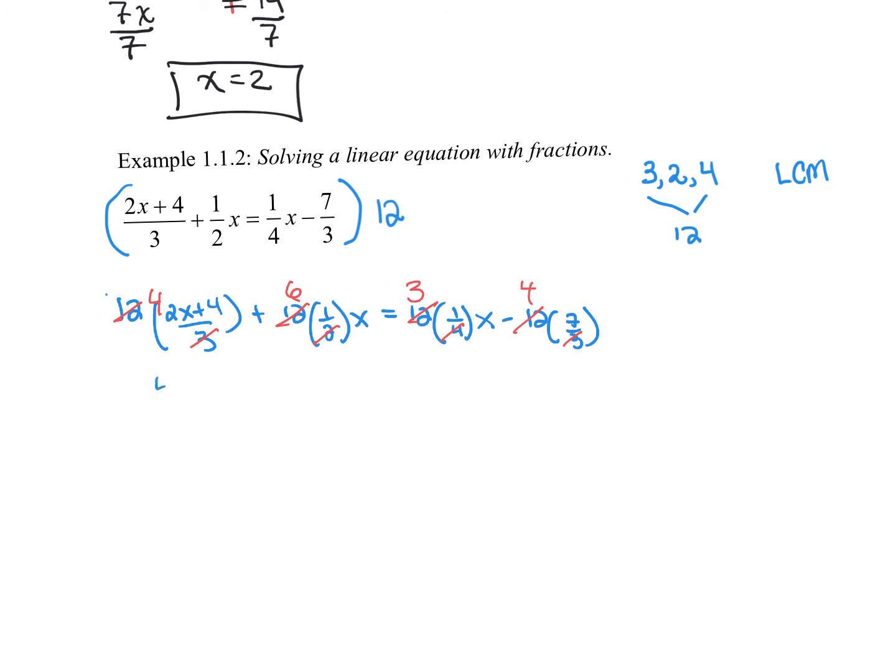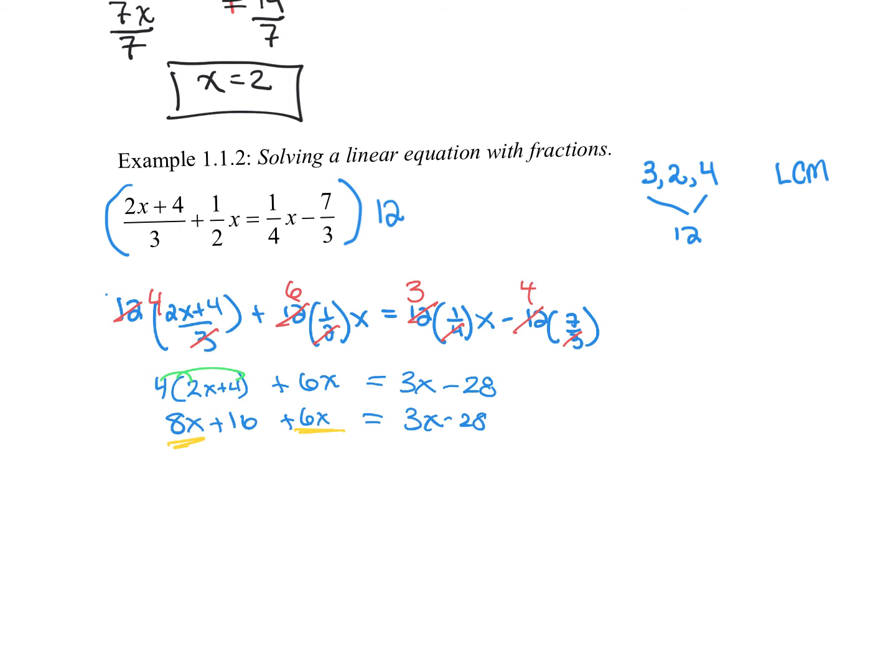So now what I really have is 4 times (2x plus 4) plus 6x equals 3x minus 4 times 7 is 28. And then I need to distribute this 4 into the parentheses. 8x plus 16 plus 6x equals 3x minus 28. Remember, combine like terms on the same sides of the equation.